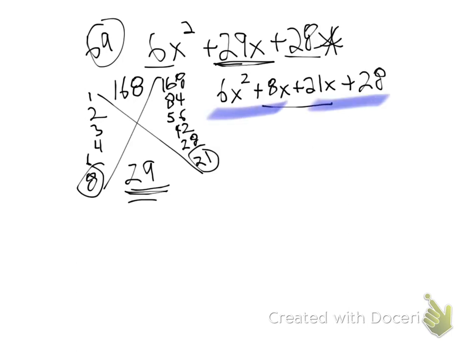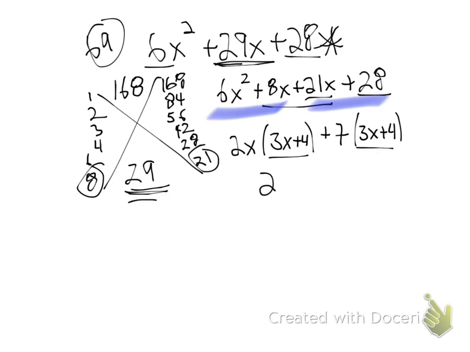So the greatest common factor out of 6x squared and 8x is 2x, and we're left with 3x plus 4, plus 21x and 28, we can factor out a 7, and we're left with 3x plus 4. And that's always what we want, is those two to be the same. So this becomes 2x plus 7 times 3x plus 4.